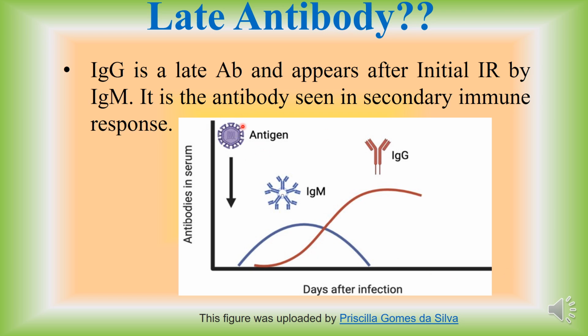This is the antigen when the human body is exposed to this antigen for the first time. Immunoglobulin M comes and protects, and gradually the immunoglobulin G rises in the subsequent attacks. So that is why immunoglobulin G is known as the late antibody, whereas immunoglobulin M is known as the early antibody.